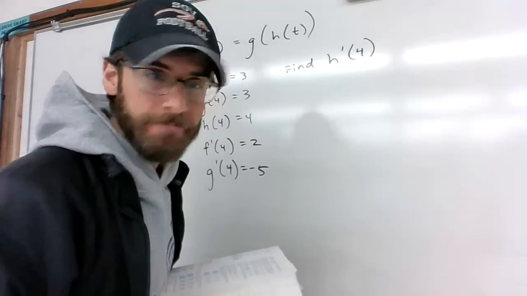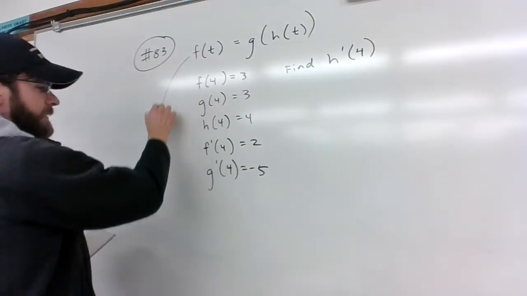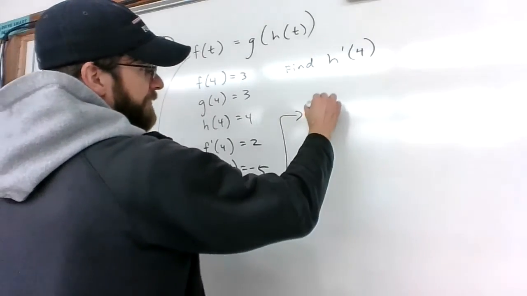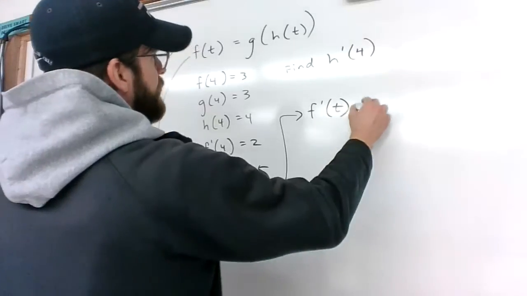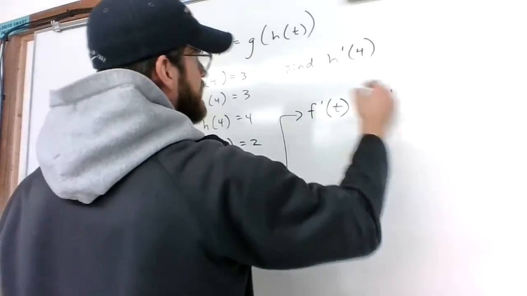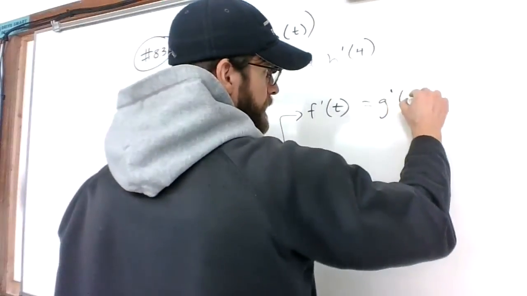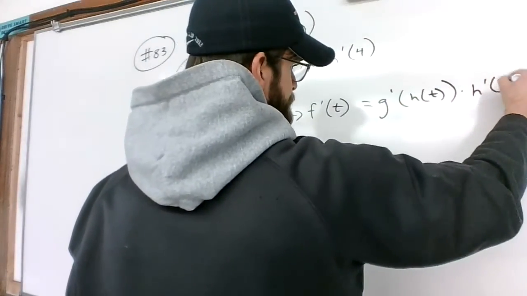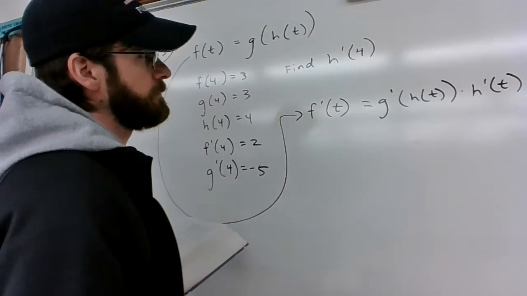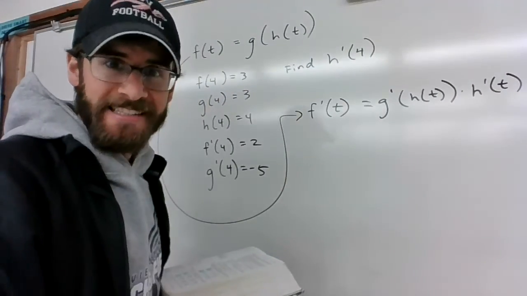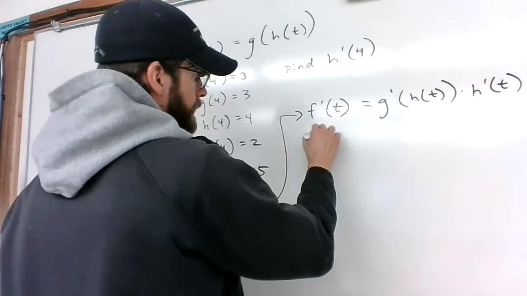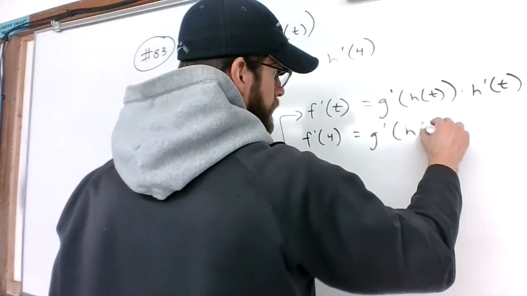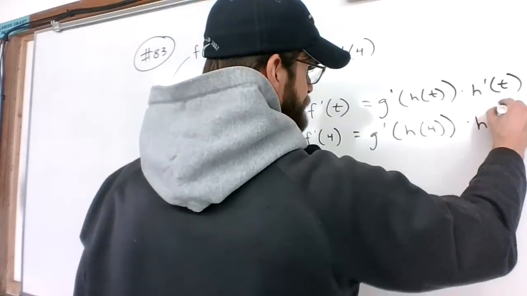Interesting. Okay, let's find the derivative. The derivative of t is the derivative of the outside with the inside following, times the derivative of the inside. We're concerned with at t equals 4, so I'm going to plug in 4 here, 4 there, and 4 here.